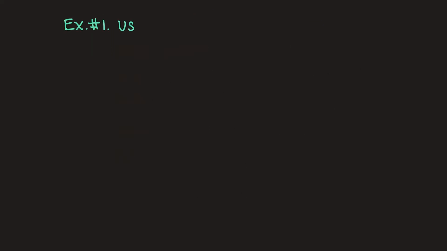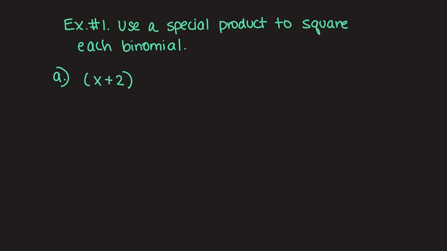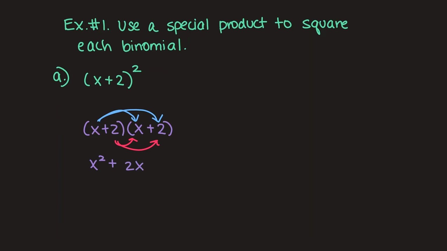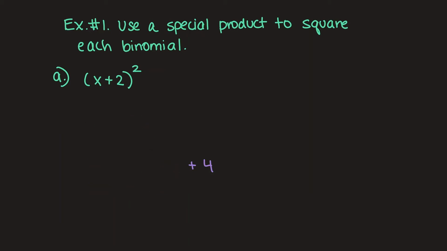So let's try a few examples with this shortcut for special products. Again, if you wanted to, you could just expand this expression out as two factors of x plus 2, and then multiply by distributing each term, and we get an answer of x squared plus 4x plus 4, which is correct, but let's try getting this same answer using our special products formula.